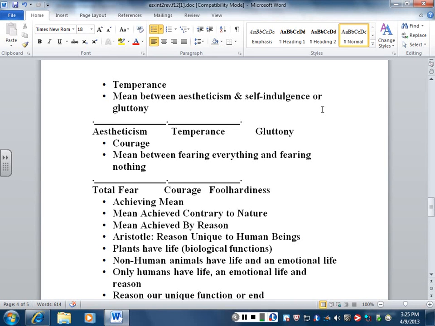That's just being foolhardy. That's not a virtue. But it's controlling your fear and where it would take it, and using your reasoning abilities as a human being to do that. So the mean is achieved sometimes contrary to what nature would say. Achieved by reason.